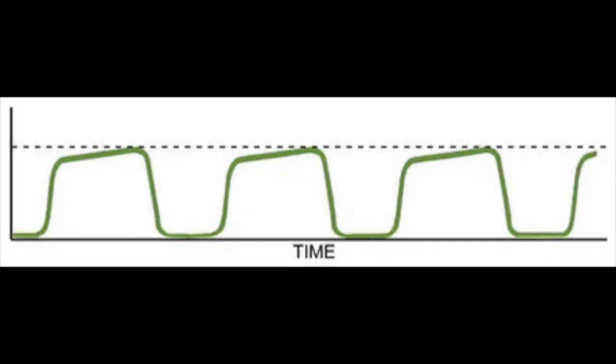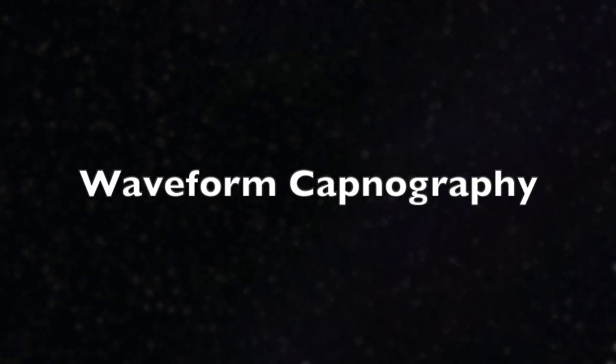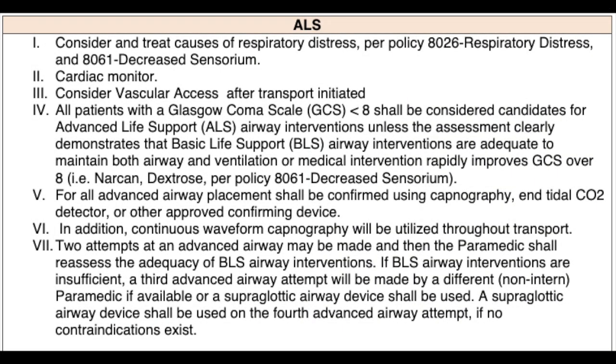We have to use it on all of these patients. I consider it borderline medical malpractice if you don't use it. Waveform capnography on all advanced airways. And finally, the policy says two attempts can be made by a paramedic, and if not successful, it needs to go to another paramedic.